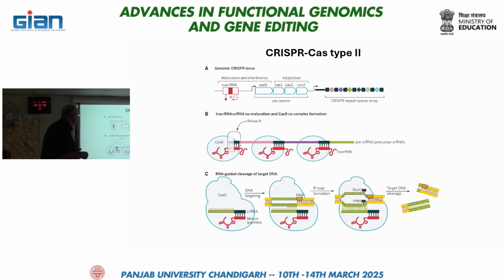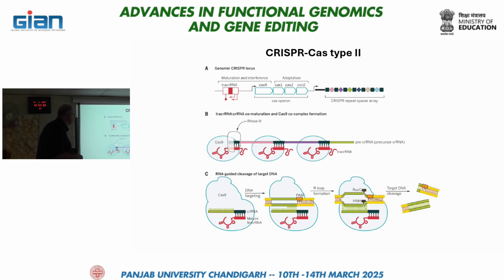But in addition to Cas9, the nuclease, what is important is tracrRNA, trans-activating RNA. This is a short RNA which collaborates with Cas9 to produce Cas9-RNA complexes and to destroy the invader DNA.